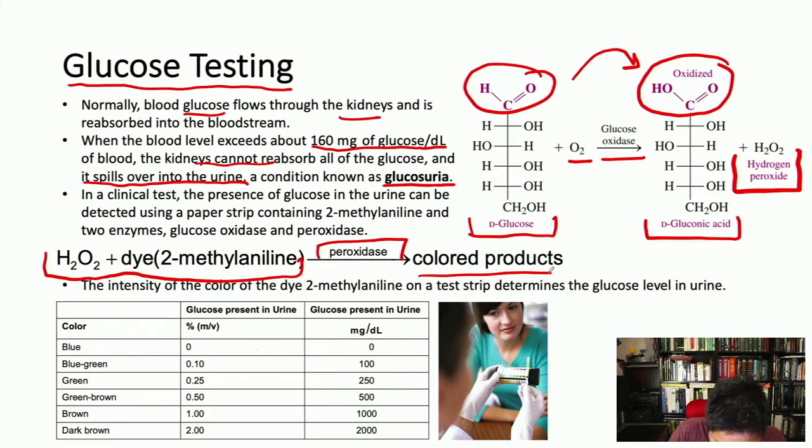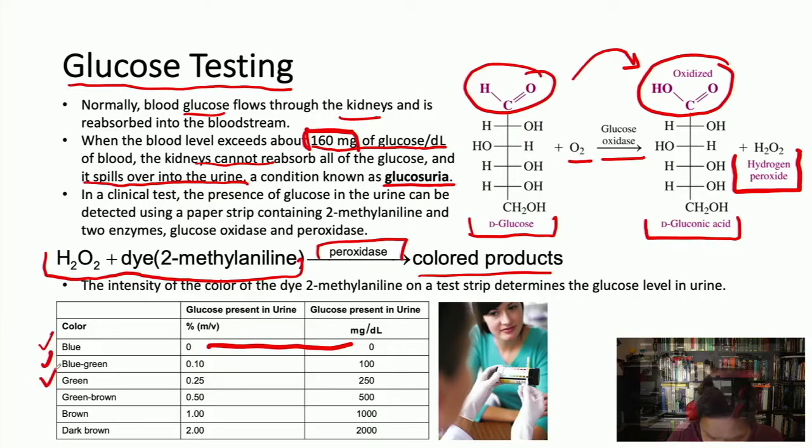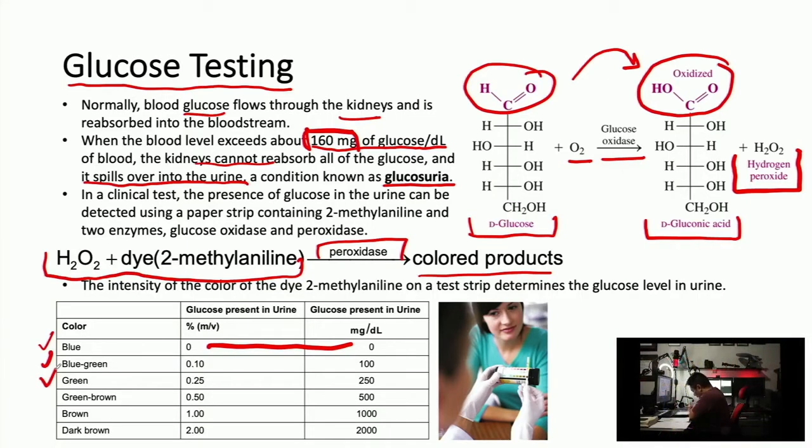So here's blue, and blue is 0. And remember, we don't want it to exceed 160, right? So when we're doing this test, we're looking for results between blue-green, which is 100 milligrams per deciliter, and green, which is 250. Anything bigger than that, you have a problem, right? So anything bigger than green to dark brown is bad.